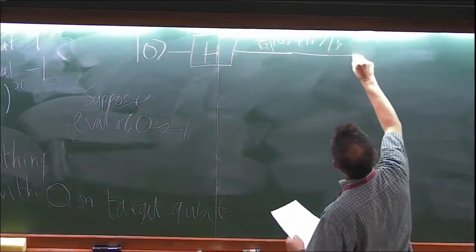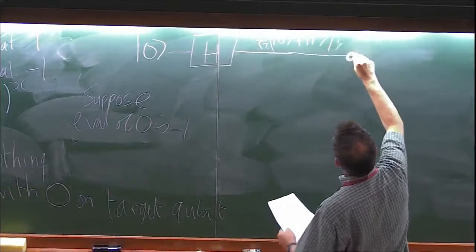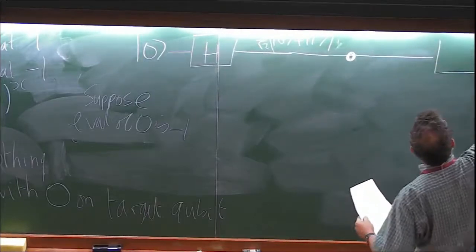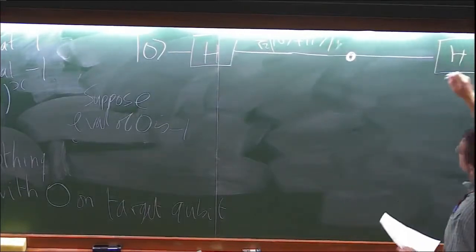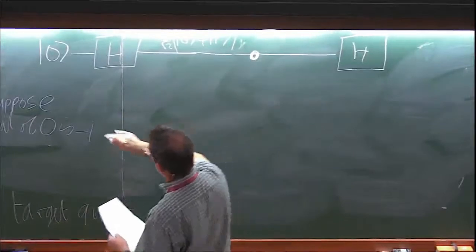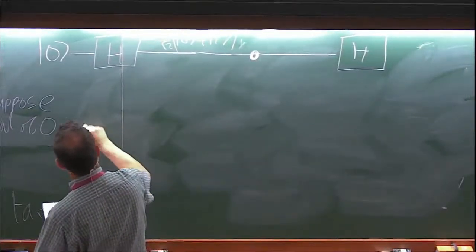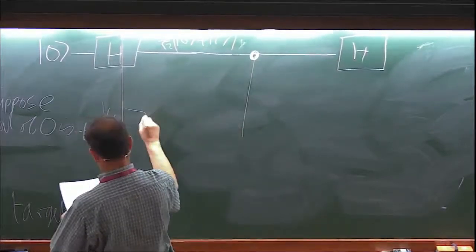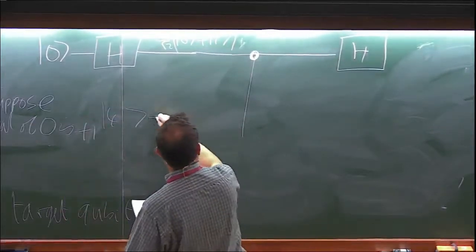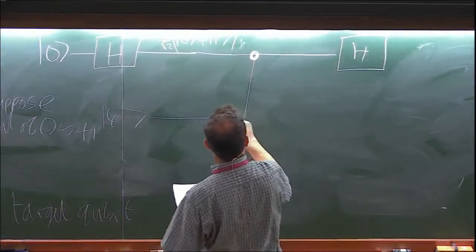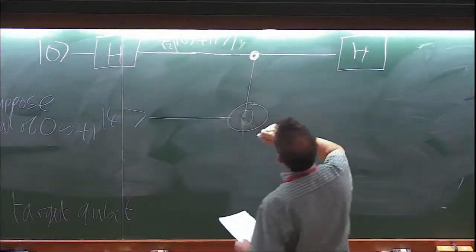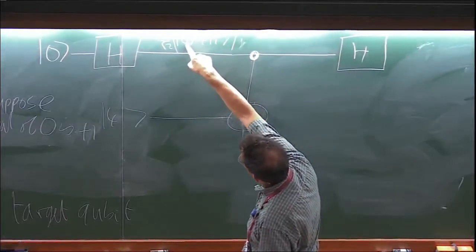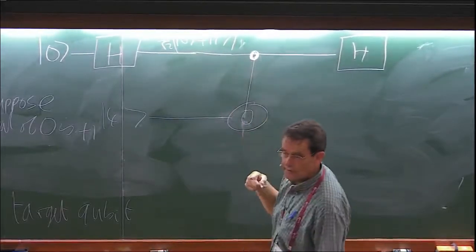Now, for the piece corresponding to 0, this control gate does nothing.